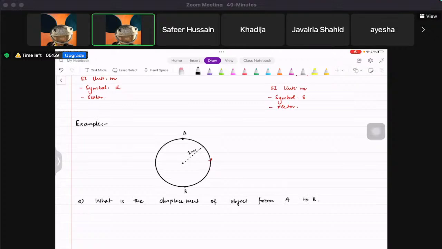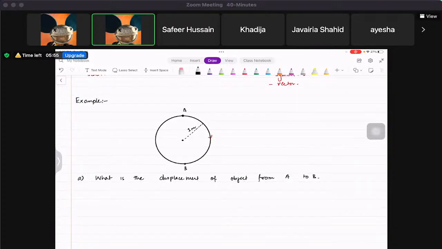Okay. So you say the shortest distance between these 2 points are, like, you go straight, so that would be the shortest distance, right? So this is 1 meter and this is also 1 meter. So displacement here is basically 2 meters.